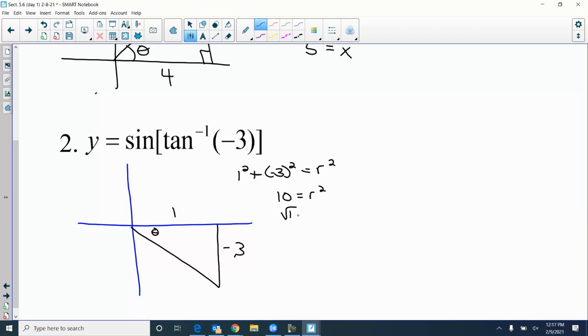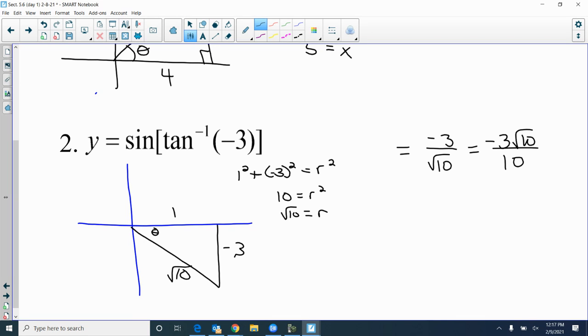Square root of 10 equals r. So my sine is going to equal negative 3 over square root of 10, or negative 3 radical 10 over 10.